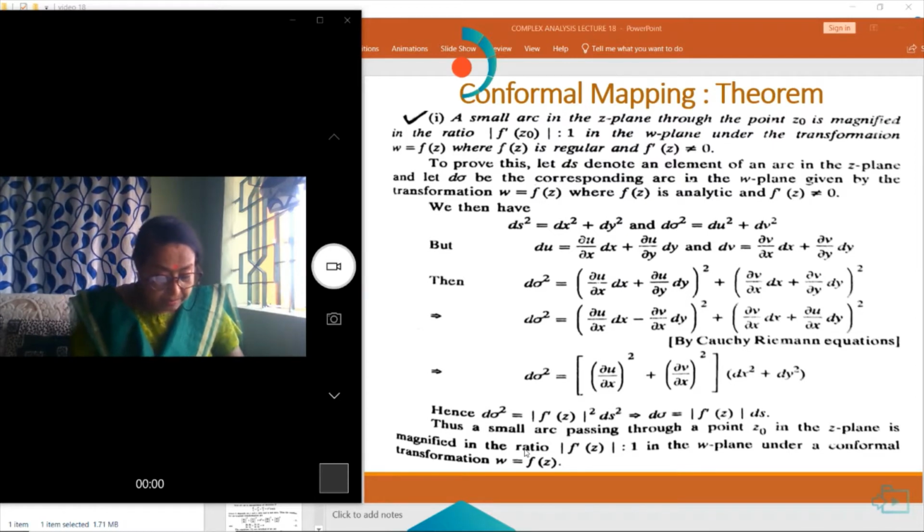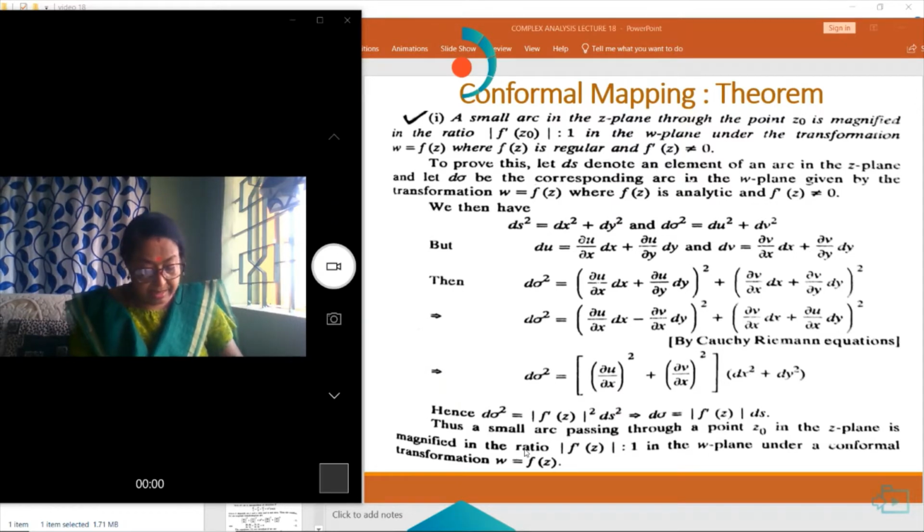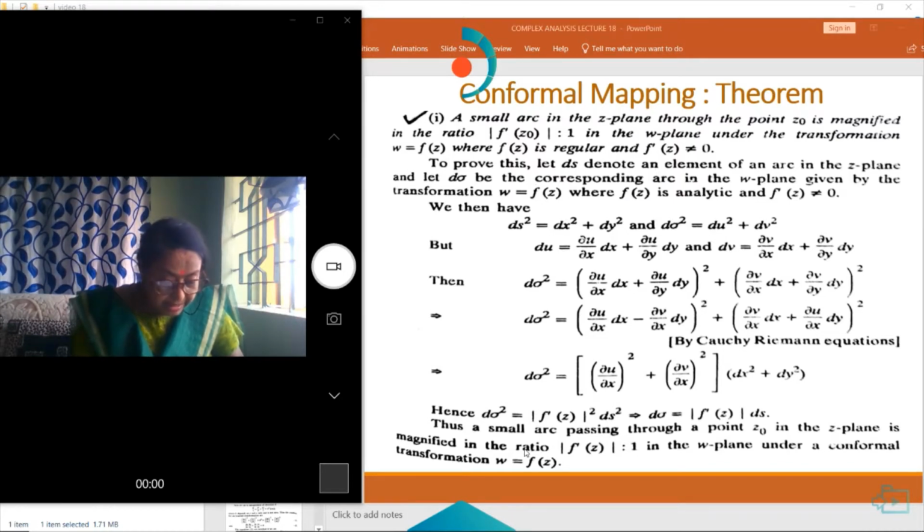After that, putting in the Cauchy-Riemann equations, that is ux is equal to vy and uy is equal to minus vx, and substituting them, we get d sigma square is equal to (del u by del x the whole square plus del v by del x the whole square) into (dx square plus dy square).